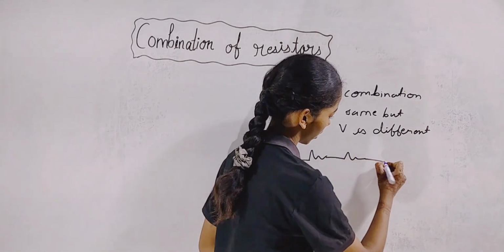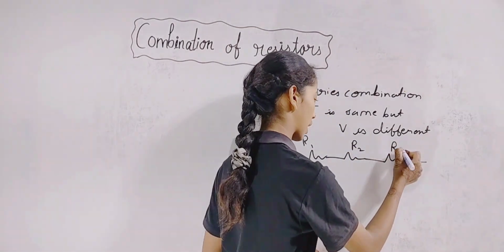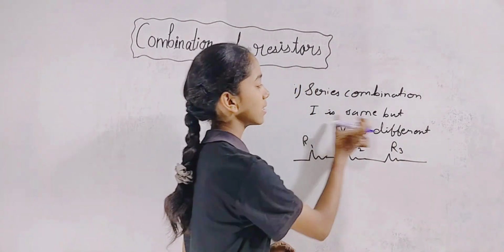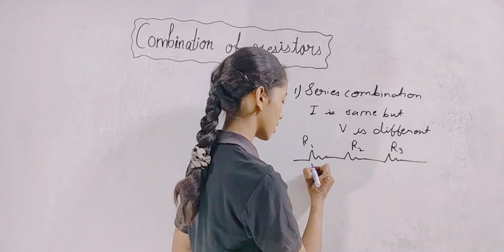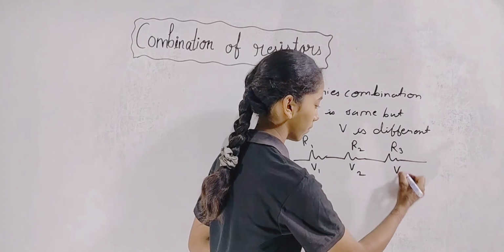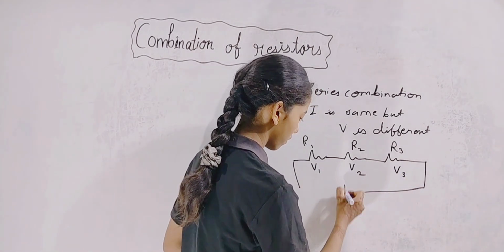I is same, meaning there is no difference in the current, but V is different, meaning V1, V2 and V3 will be here like this, and here is the voltage source.